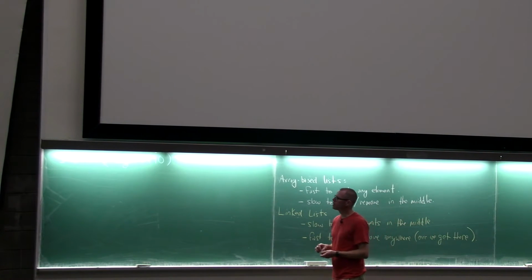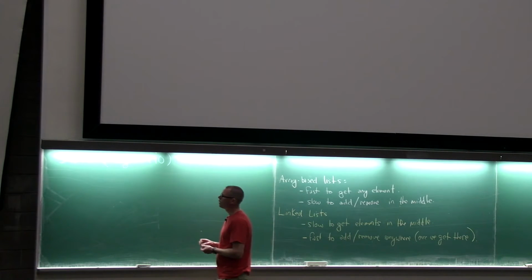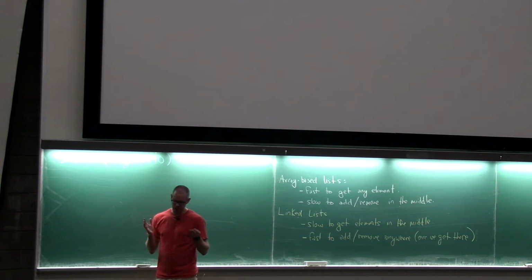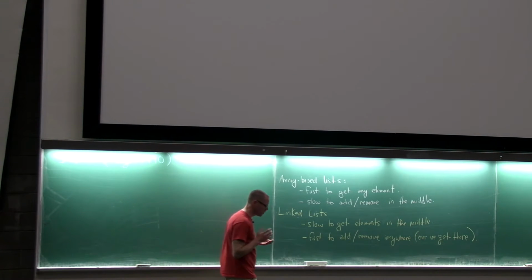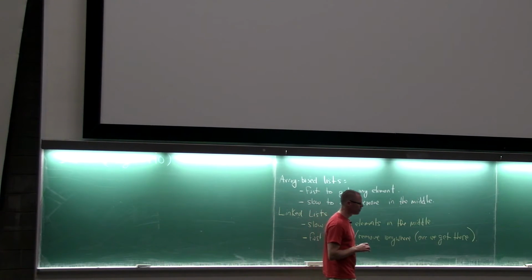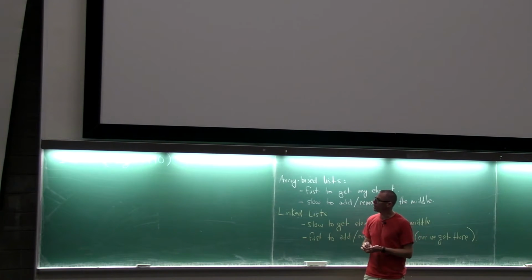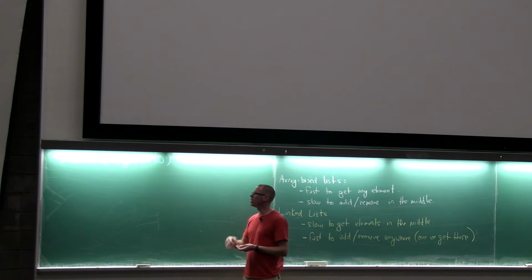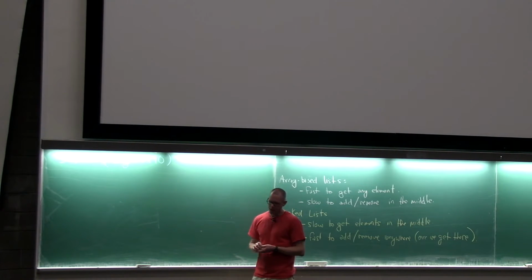So skiplists are a really clever idea of making a list, and they have many applications. We'll see that we can use it to store a set of sorted numbers, and also to implement the list interface. So we can implement the sorted set interface or the list interface using a skiplist.